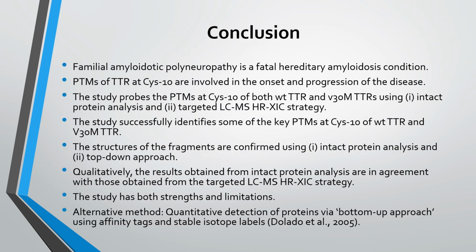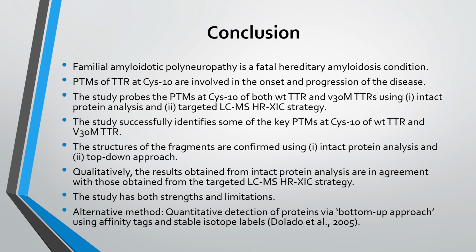In conclusion, familial amyloidotic polyneuropathy is a fatal hereditary amyloidosis condition, and post-translational modifications of TTR at cysteine are believed to play a crucial role in the onset and progression of this disease.